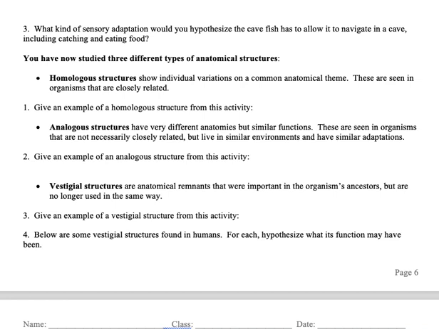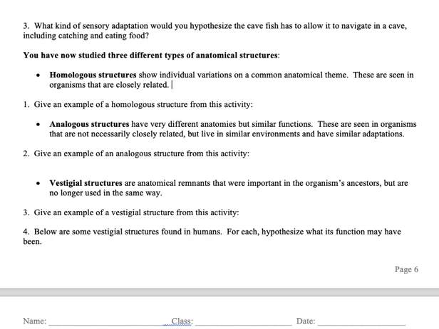The first type of structure you need to be familiar with are homologous structures. And again, that root homo means same. So homologous structures show individual variations or differences on a common anatomical theme. They're seen in organisms that are closely related. So these are things that actually look similar in structure, but different in function.